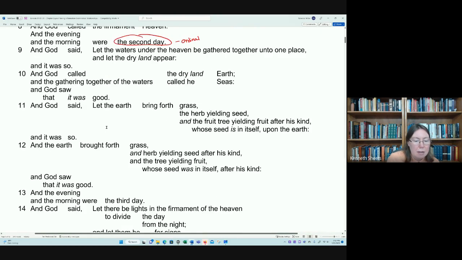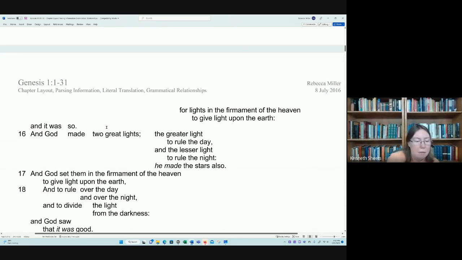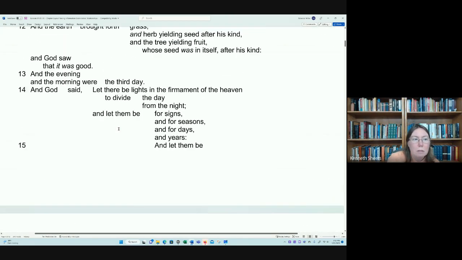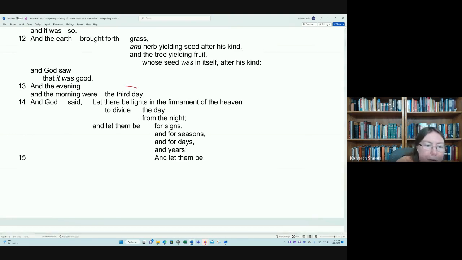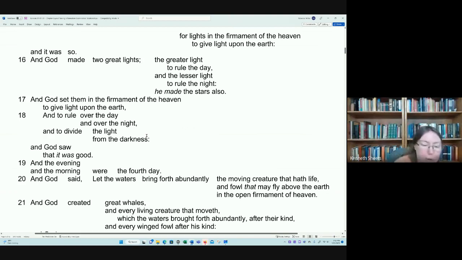And then you come on down a little bit further, and you can see we do have third day here as well, another ordinal number, and then fourth day, another number that is giving us order.